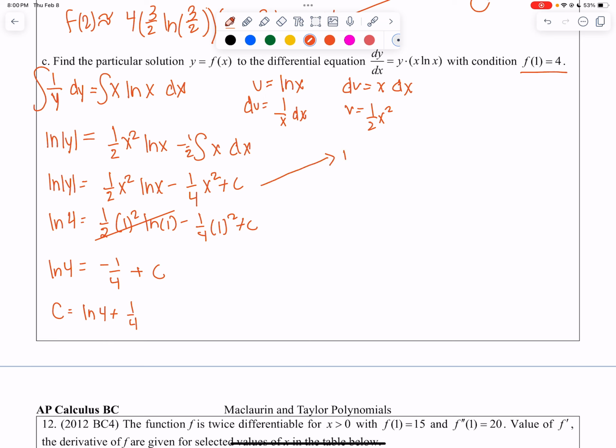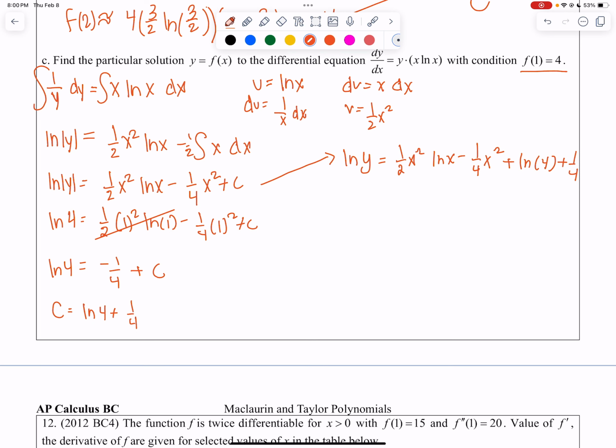So now I have ln of y is equal to 1/2 x squared ln of x minus 1/4 x squared plus ln of 4 plus 1/4. And then you're going to e both sides because you have y with ln. So this is going to get pretty nasty, but this is your answer, I promise.